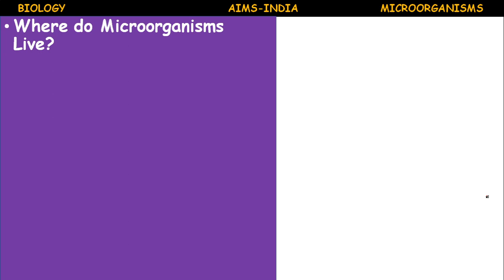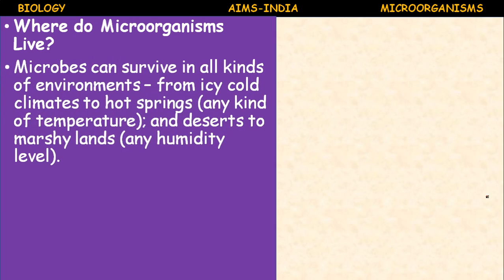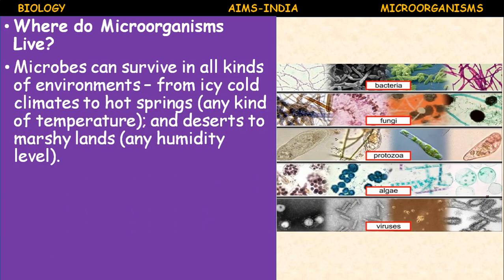Let us discuss. The microbes can survive in all kinds of environments, from icy cold climates to hot springs, any kind of temperature, and even deserts to marshy lands, any humidity level. The microorganisms can survive anywhere.